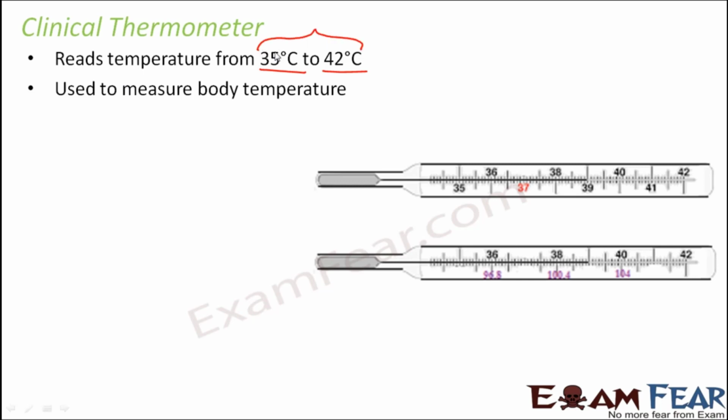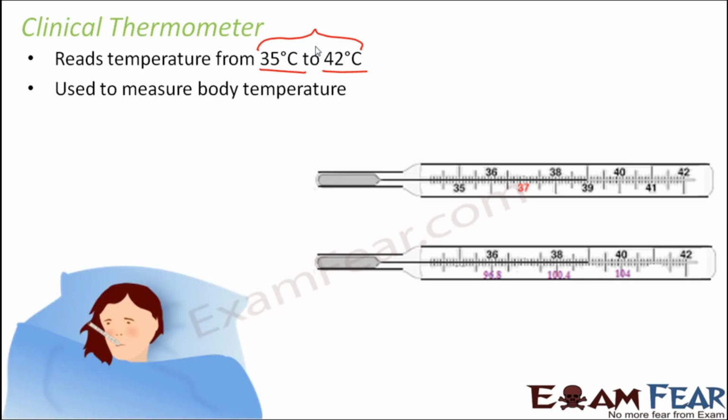If the body temperature falls below or goes beyond this range, human beings really don't survive. So this is the range of temperature that the human body can have. This thermometer is specifically designed to measure body temperature.